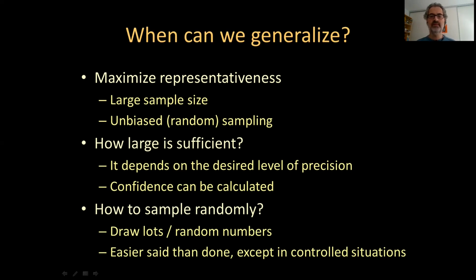This maximizes the generalizability of our findings in this controlled experimental situation. In observational and naturalistic studies, it is very difficult to achieve actual random sampling, and we try our best to minimize the bias in our sampling methods.